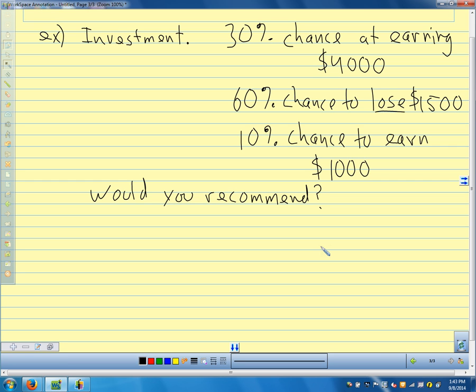So what we need to do to make a decision here is find the expected value. Find, I'm going to say EV, the expected value so we can make a decision. So let's calculate our expected value. 30% chance of $4,000. So I'm going to write my expected value is 30 as a decimal, so 0.3 times 4,000.